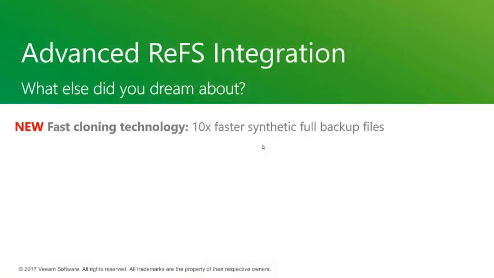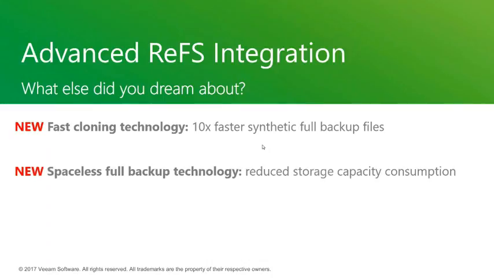So what do you have? You've got fast cloning technology. The approach enables up to 10 times faster creation of synthetic full backups, for an even shorter backup window and lower backup storage load as well. At the second step, you get the spaceless full backup approach.